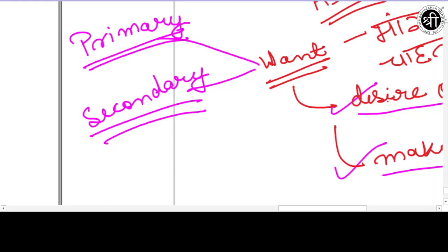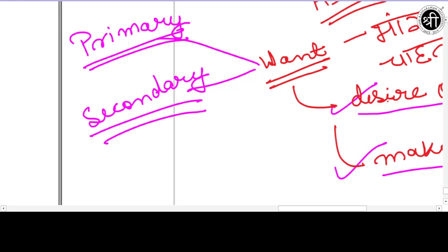Like for your very survival, it is very important that you get your chapatis, the curry, the bhujia, water, the basic things. The basic food which we Indians can think of is dal and rice. So this dal and rice comes under the primary want. Why? Because if you don't have dal and rice or any other food, you will not be able to survive.